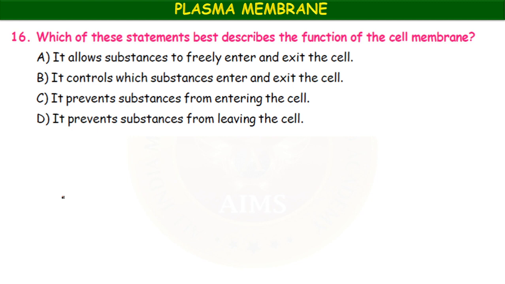It allows substances to freely enter and exit the cell. It controls which substances enter and exit the cell. It prevents substances from entering the cell, or it prevents the substances from leaving the cell. It controls the substances that enter and exit the cell. So option B.